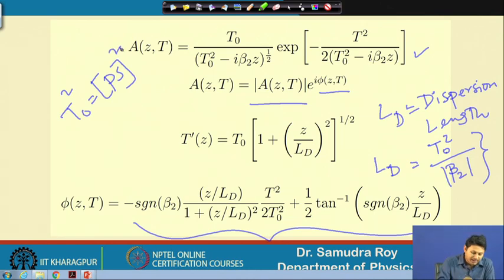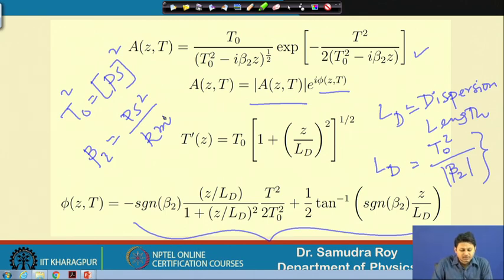Beta 2, we know, is a dispersion parameter, and its unit is picosecond square per kilometer. Normally this is the way we represent the dispersion coefficient, picosecond square per kilometer or picosecond square per meter.